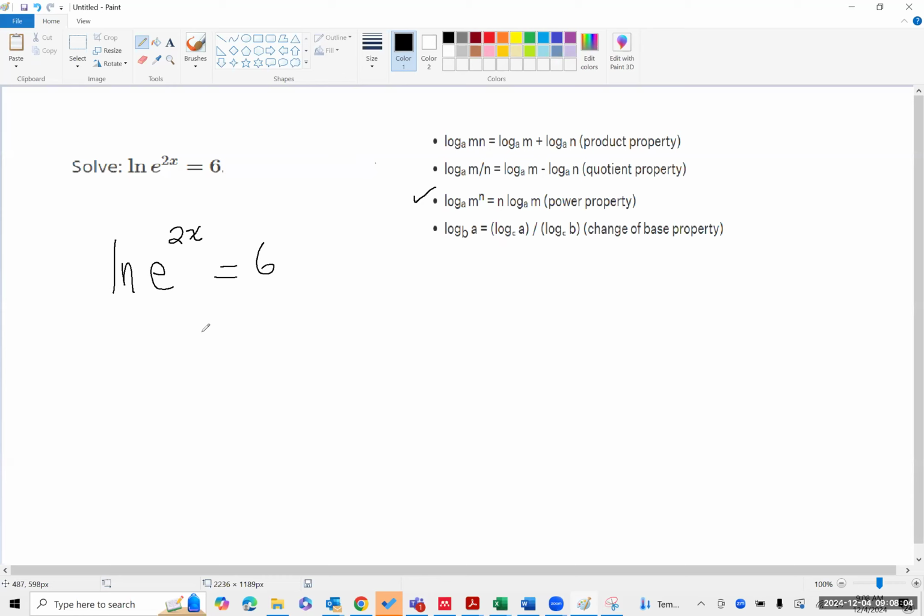But before anything, let's talk about what this means. Okay, so this is the same as log base e of e. So anytime you see this symbol, it's log base e. And of course, the number e is the number 2.712.